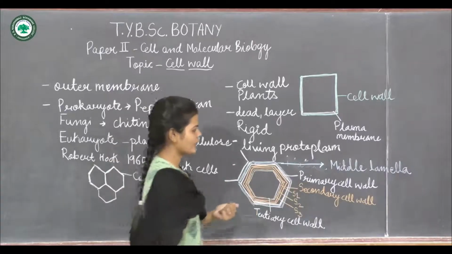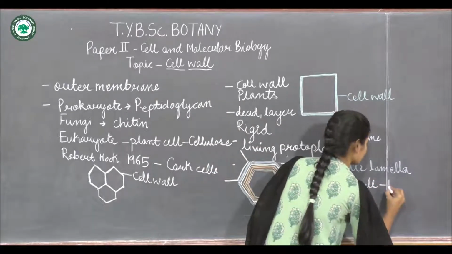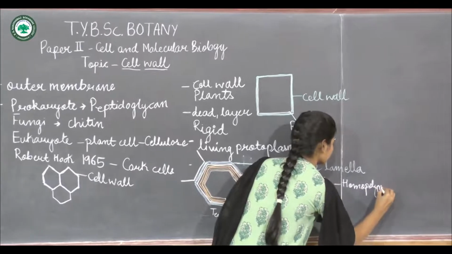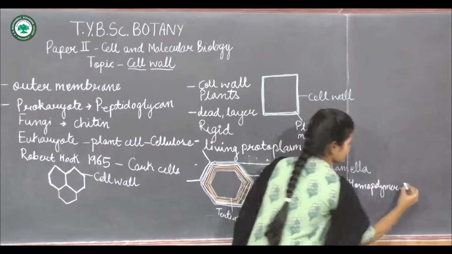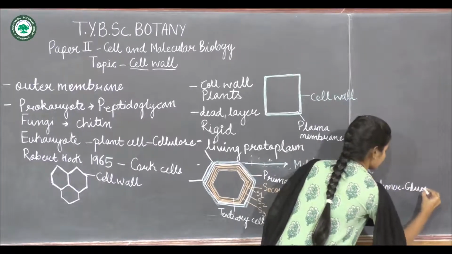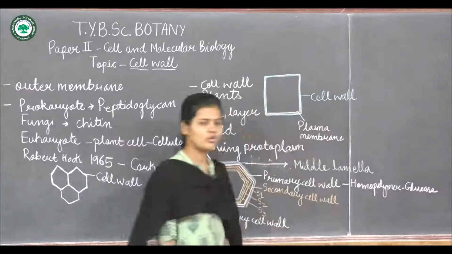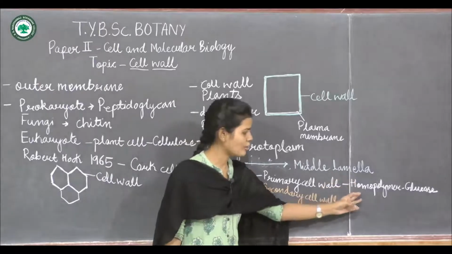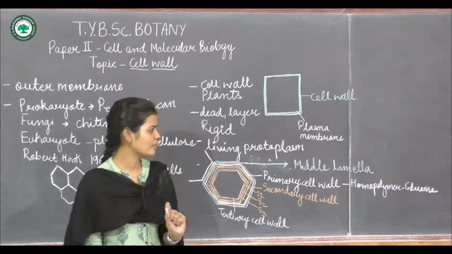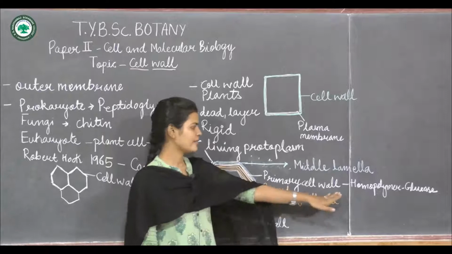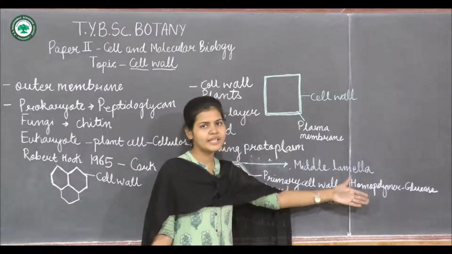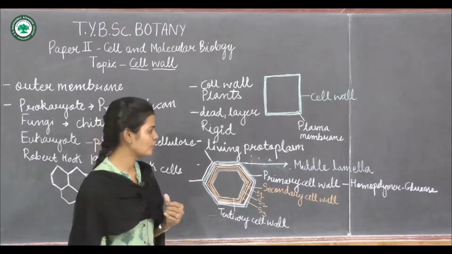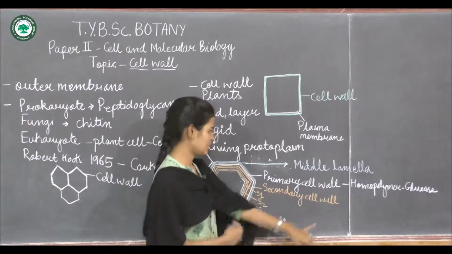Now, this primary cell wall is a polysaccharide, a homopolymer, meaning it is made up of a similar polymer of glucose. It is a homopolymer of D-glucose, with glycosidic bonds between the monomer units, the glucose.